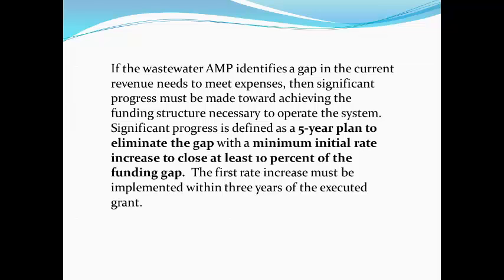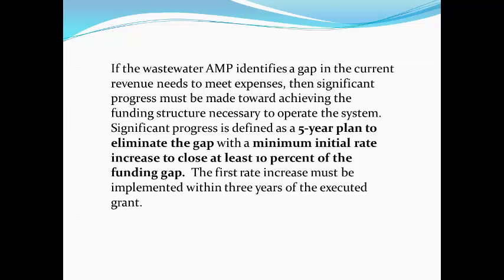Our office will review that rate methodology to determine that there are sufficient revenues being generated that will take care of the asset management plan implementation. If that demonstration does show that there are sufficient revenues, then the applicant is finished. The demonstration has been provided, and they've got a complete and approvable asset management plan at that point.